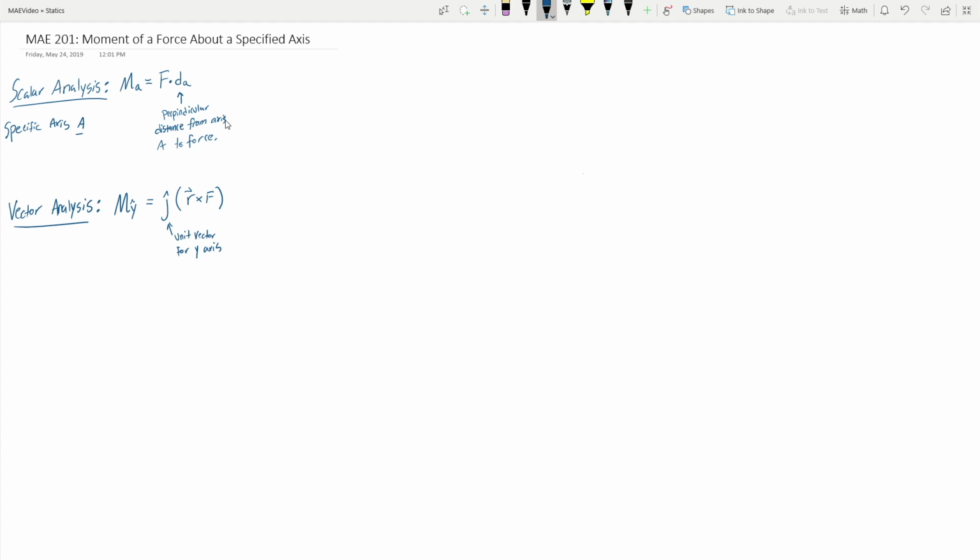So say if we had an axis, let's call it A again, we would simply write out, let's write this in a different color, M in the A axis direction is equal to the unit vector of that axis A dotted with R crossed with F. So the name for this is the scalar triple product.